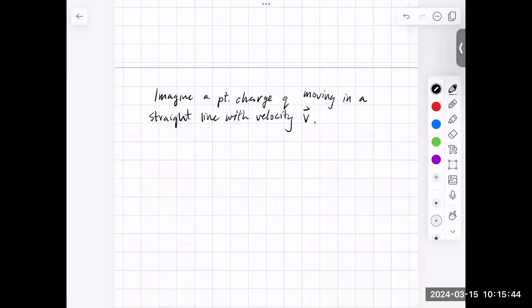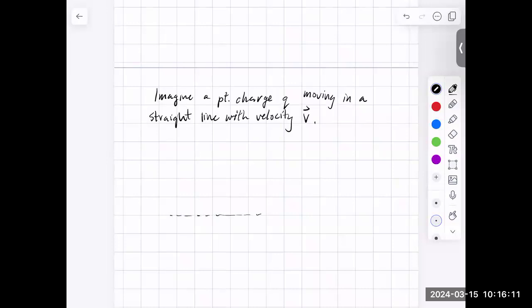So what we'll first do is we'll figure out what the magnetic field due to a single point charge moving with some velocity is, and then we'll use that result to try to deduce, okay, if we expressed the moving point charge as a current, then how could we express that magnetic field in terms of the current? All right, so I'll draw a dashed line.